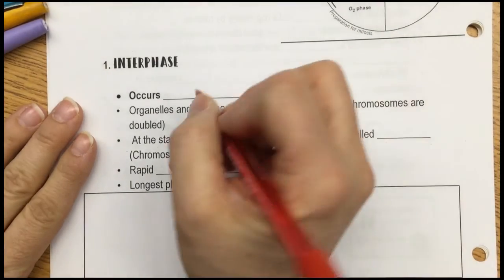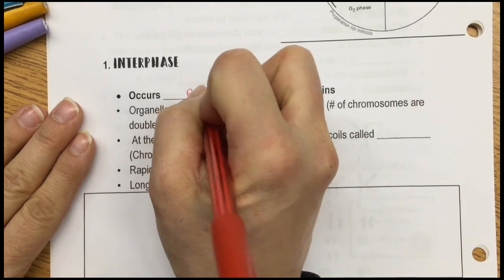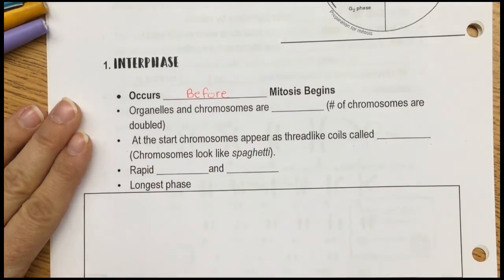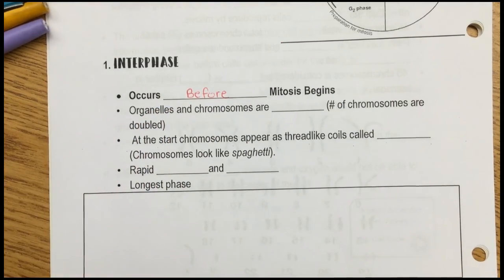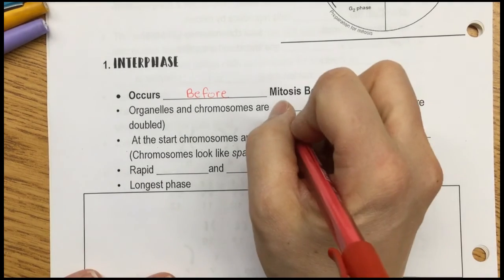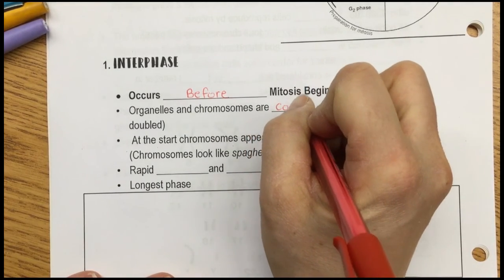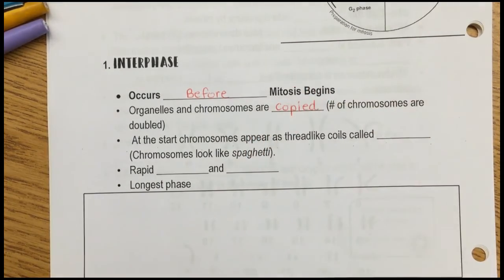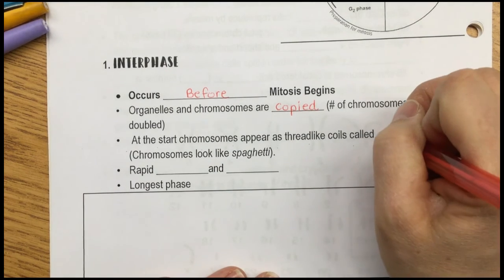Interphase occurs before mitosis begins. Organelles and chromosomes are copied, so the number of chromosomes is doubled. At the start, chromosomes appear as thread-like coils called chromatin.